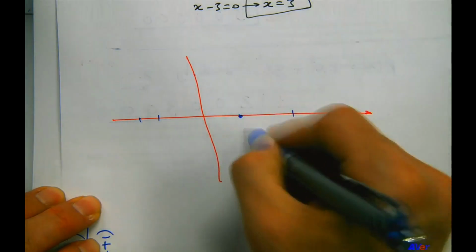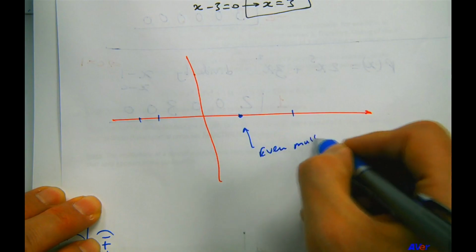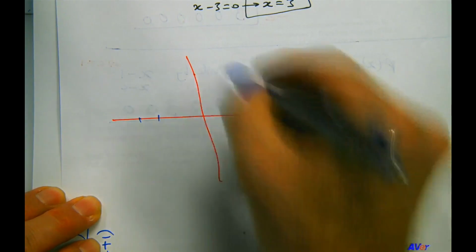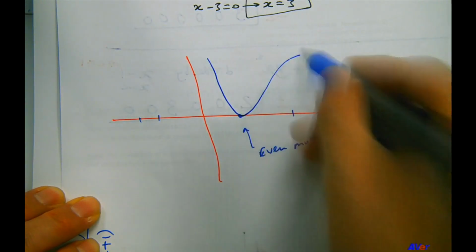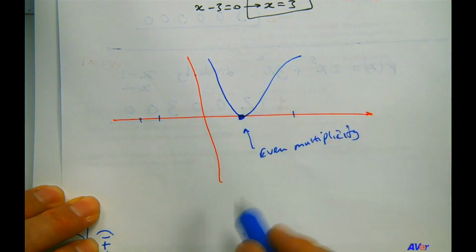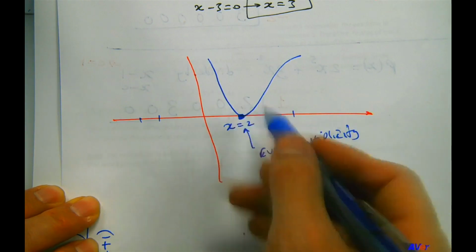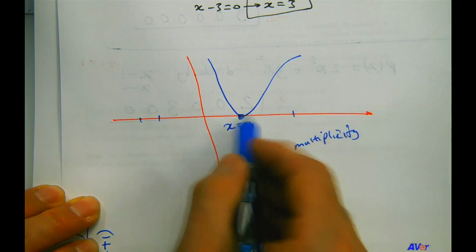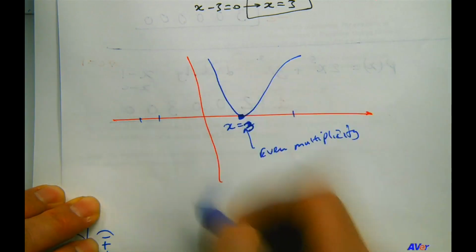If you have even multiplicity here, then the graph is going to hit that point and bounce back to the same side. If that zero, say x equals 3, has even multiplicity, the graph will do that.